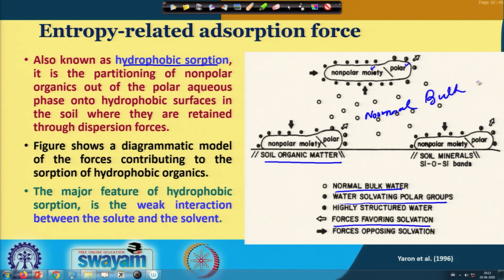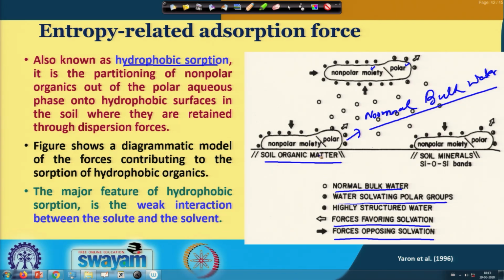Obviously, this polar phase will feel an affinity towards this normal bulk water, since water is polar. So, there will be an attraction of this polar phase for solvation in the aqueous phase. However, this nonpolar moiety will feel a force opposing the solvation, because it is hydrophobic in nature.